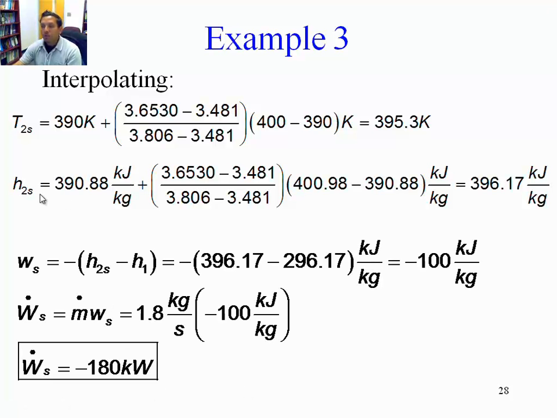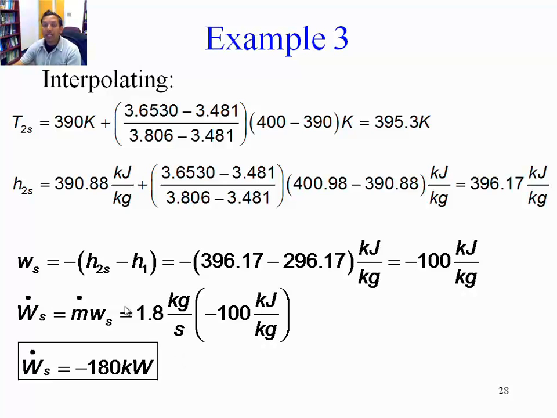So we can now use the enthalpy that we calculated at the inlet at 296 Kelvin and the enthalpy we just calculated for the ideal case at the outlet, subtract the two, and find the ideal work. The ideal work in this compressor is minus 100 kilojoules per kilogram. Obviously negative, because compressors are power consuming devices. We can multiply that by the mass flow rate, kilograms per second, and obtain kilojoules per second, which is kilowatts.